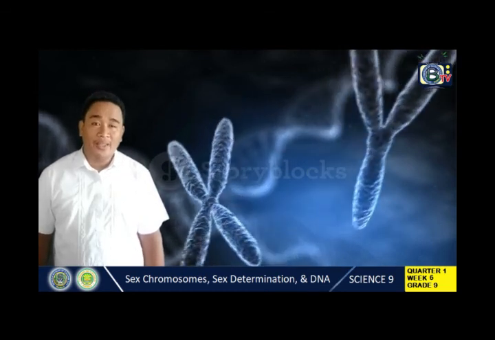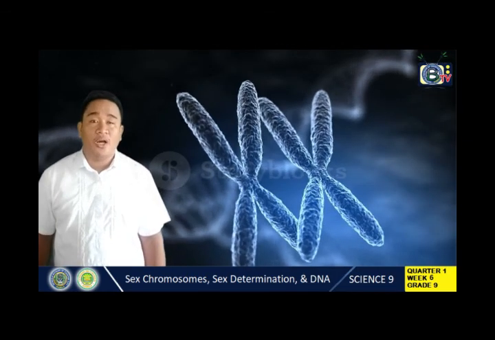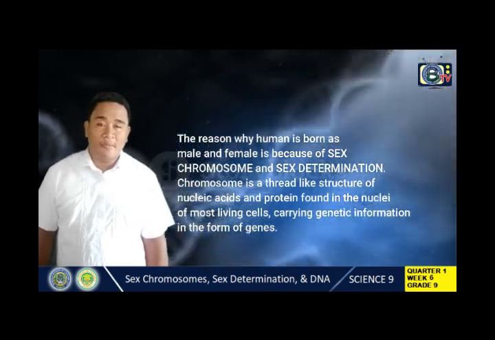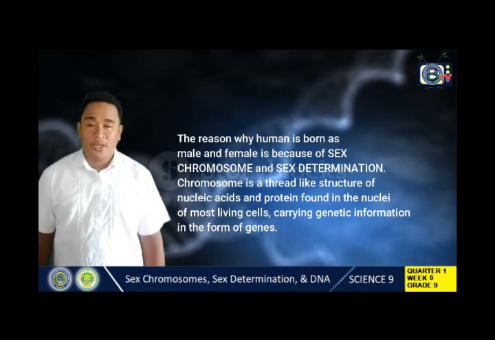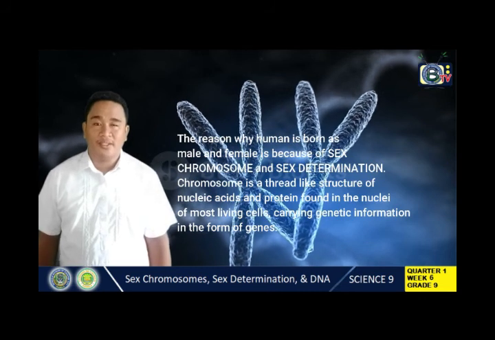But before we end this lecture, let's point out the salient points of our lesson. The reason why humans are born as male and female is because of sex chromosomes and sex determination.